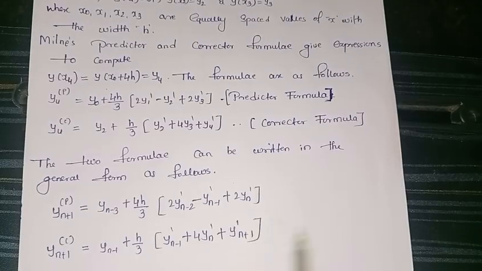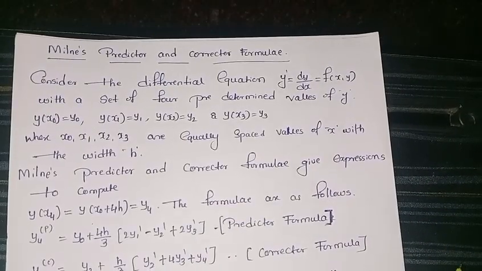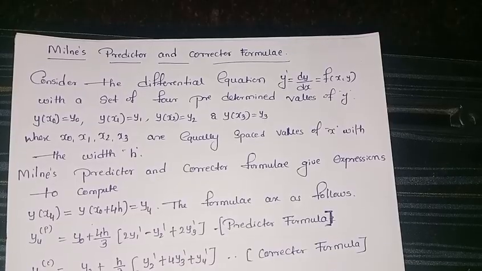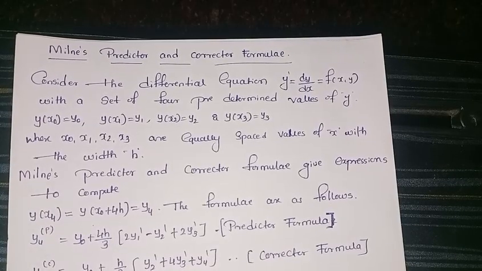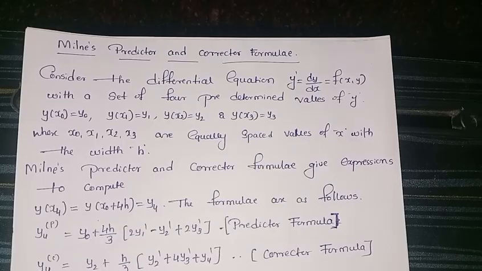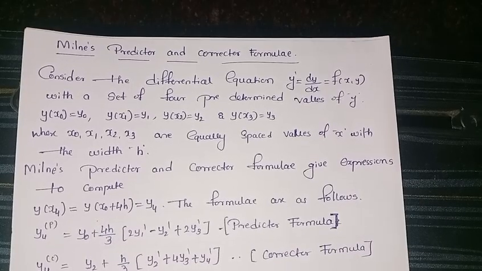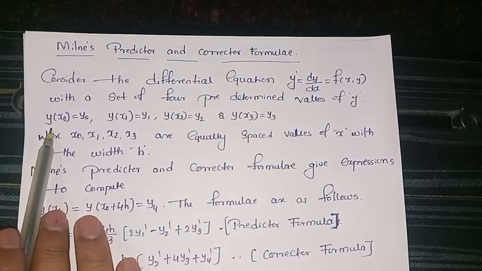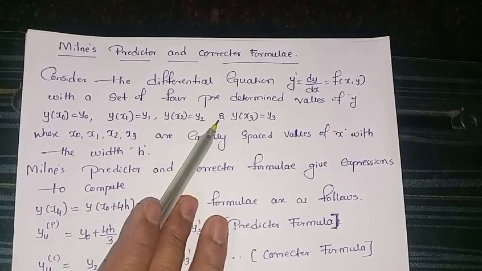Now this is all about the theoretical part of Milne's Predictor Corrector method. Now we can take one problem and learn how to solve it. I said in the beginning, the prerequisites are these: we must have a set of 4 predetermined values.